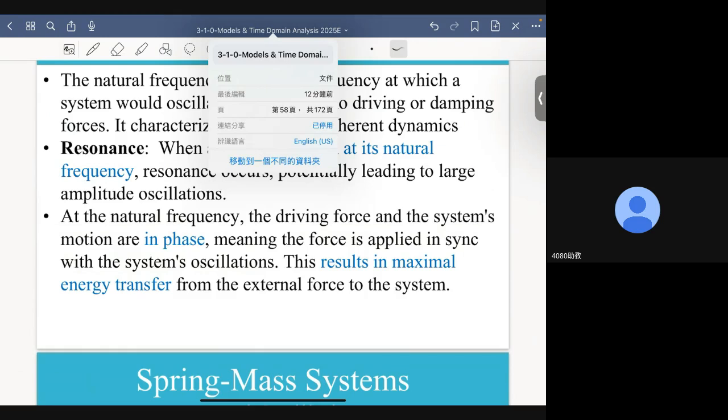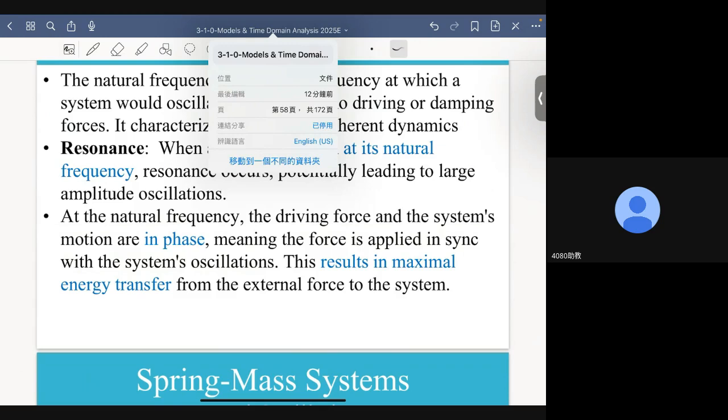If the frequency of the input sinusoidal signal is different from the natural frequency of the system, then they will not move in synchronization, which means sometimes they will move in the same direction, but other times in opposite directions.